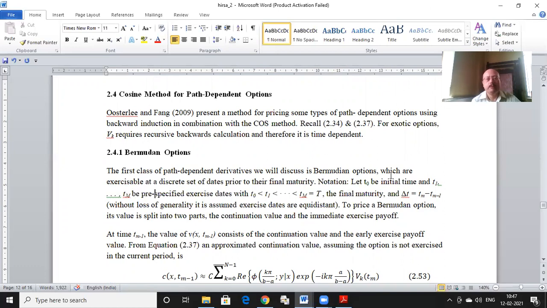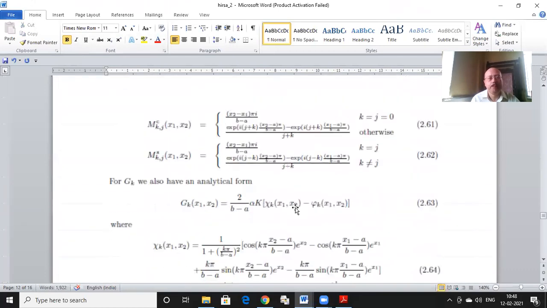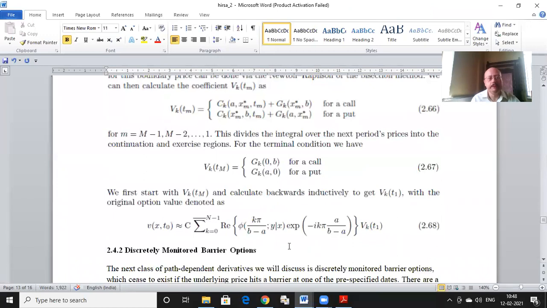But now that we are restricting ourselves to discretely monitored path dependent options, so Oosterlee and Fang used the backward induction algorithm to compute the explicit valuation expressions for the path dependent Bermudan option.